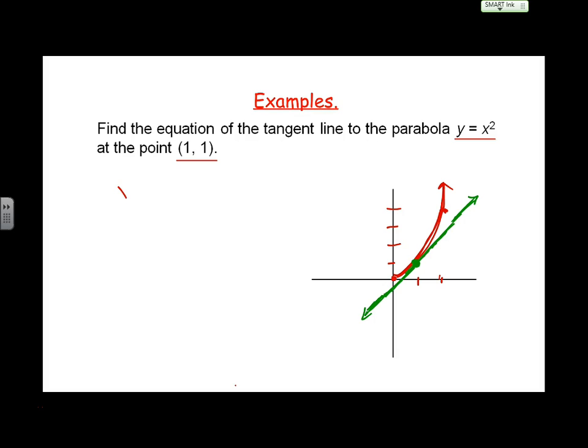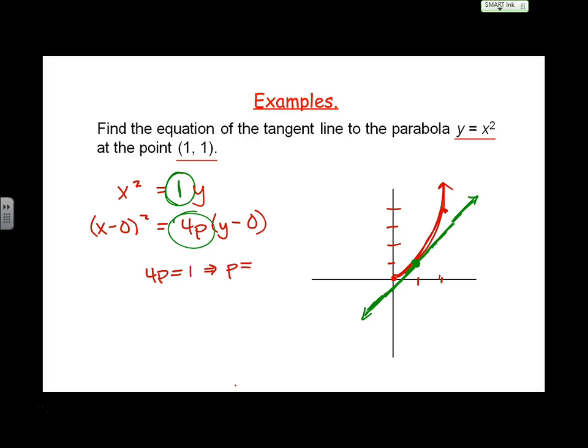Well, to find P, we take our x squared equals y and think about it in our form x squared equals 4py. I know that 4P must be the coefficient 1. So 4P equals 1, which implies P equals 1/4.